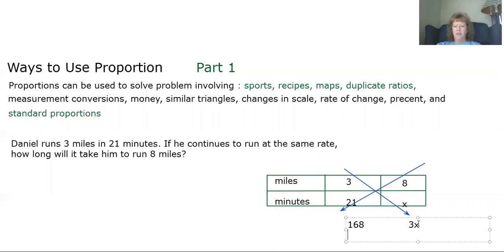Then our next step is we want to separate the 3 from the X. So we're going to do the opposite of what they've done here, which is multiply. We're going to divide both sides by 3. If we multiply by 3 and divide by 3, that cancels those out. And 168 divided by 3 is 56. So it will be 56 minutes.